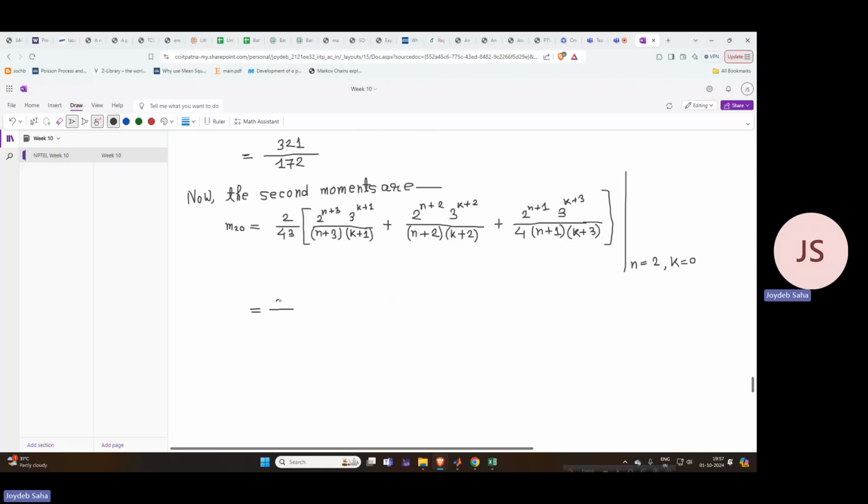So let us write it is 2 upon 43, n is equal to 2 means 2 to the power 5, 3 to the power 1 upon 5 cross 1, or rather it is like this.